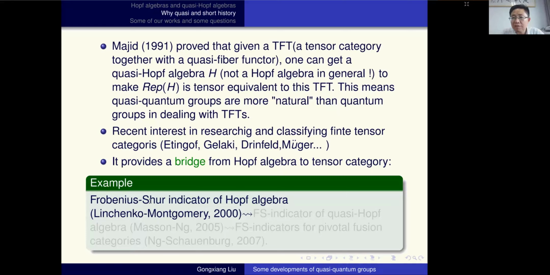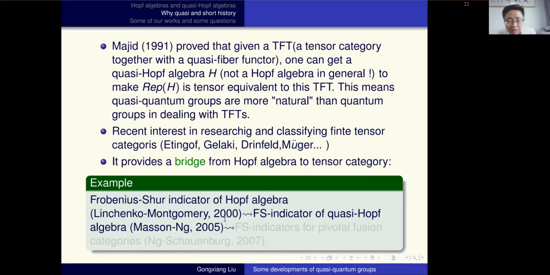From the Hopf algebra point of view, you can find the Frobenius-Schur indicator can be defined through integrals. That's the reason why Linchenko and Montgomery, Susan Montgomery, in 2000, generalized the concept of the Frobenius-Schur indicator from group algebras to Hopf algebras, to semisimple Hopf algebras. Then in 2005, the Frobenius-Schur indicator theory was established for quasi-Hopf algebras by Geoff Mason and Richard Ng.